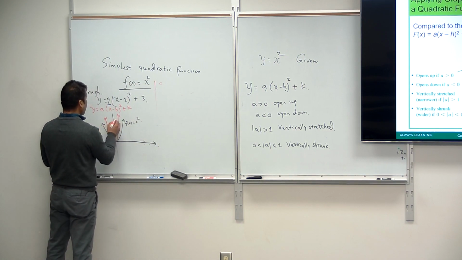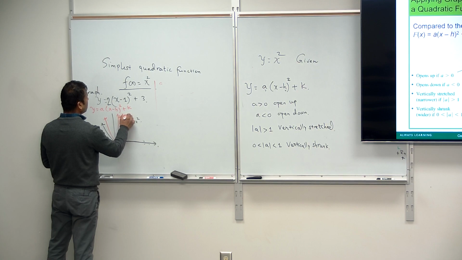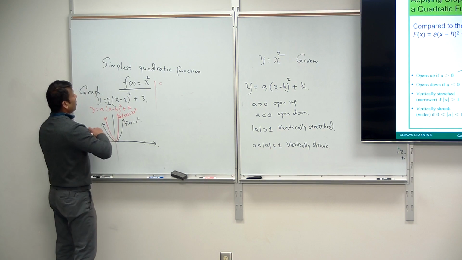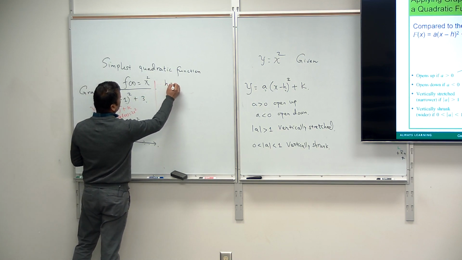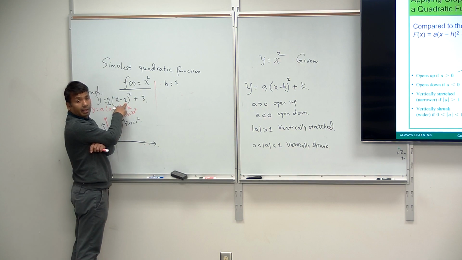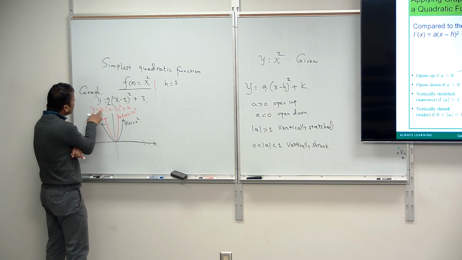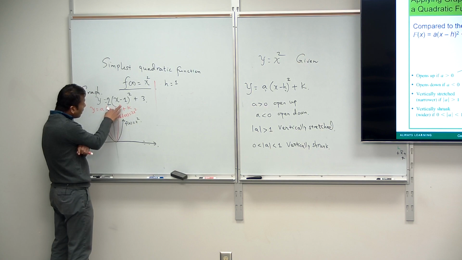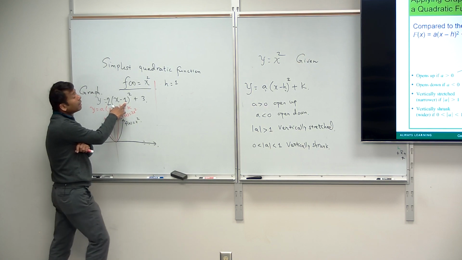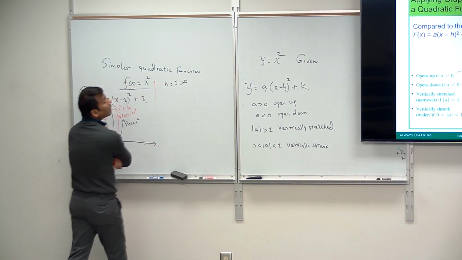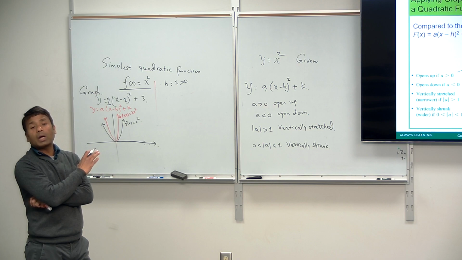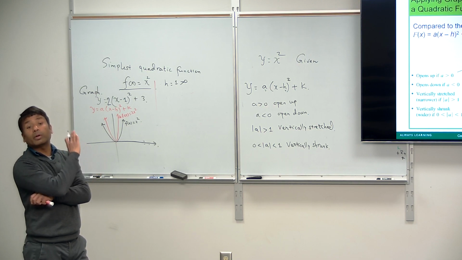Now next one is, look at the value of h. So this red one is the graph of f(x) equal to 2x squared. Now, look at the value of h. What is the value of h? 1. Is that right? If we compare this with the form a(x minus h) squared plus k, what is the value of h? 1. This is positive, is that right? If h is positive, your parabola will shift horizontally to the right.